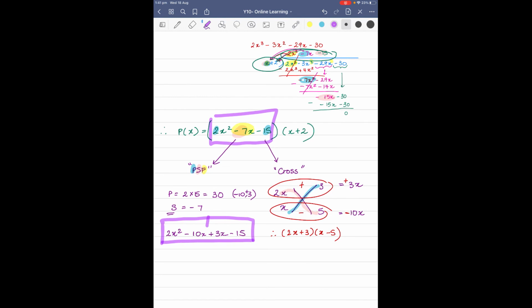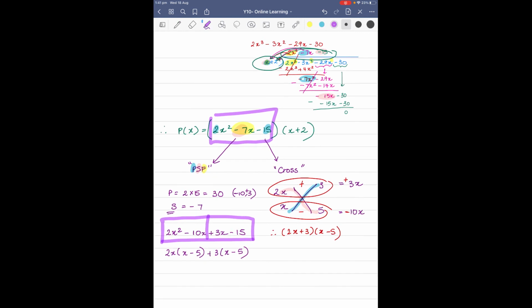We are going to split it into two groups. Looking at the first one, the most common thing here is the number 2. We can divide them both by 2, and we can take an x out. So we have 2x, x minus 5. Looking at these two terms here, the highest common factor is 3. So we can pull out a 3. We have x minus 5. Looking at them, x minus 5 is the same in both of them.